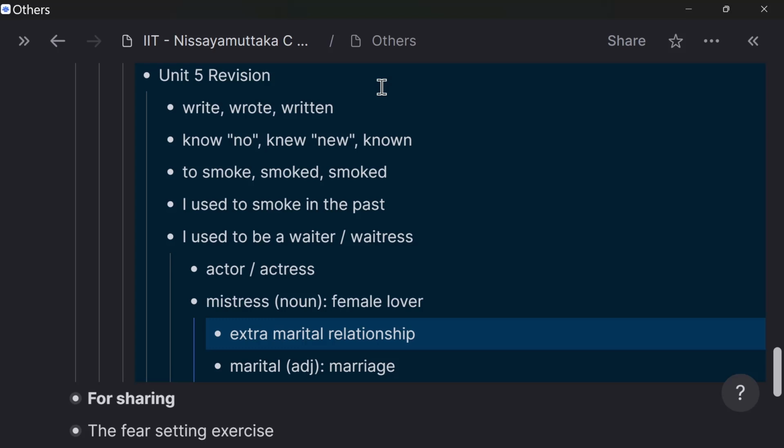Extramarital affair, yeah. Relationship or affair. Yeah, we discussed this. Remember the types of relationships in the Sancharita Sikhapada? Types of relationship, I think.